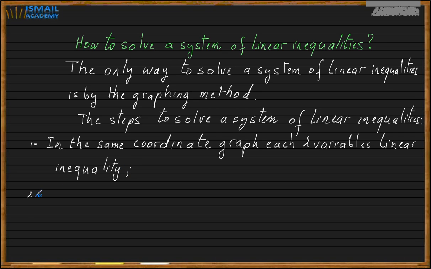The second step is you need to look for the common shaded region, if there is any. Sometimes we cannot find any common shaded region, so in that case there is no solution.